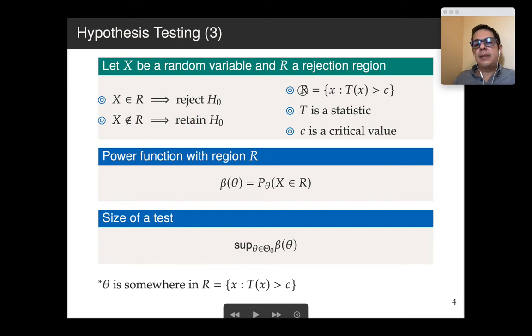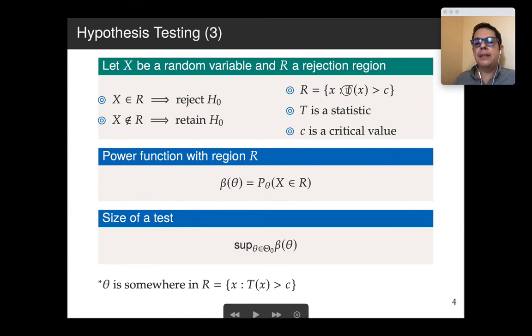R, the region, is defined using a statistic T and some constant c that we are going to call a critical value. And X ranges over all the values that the random variable X can have.